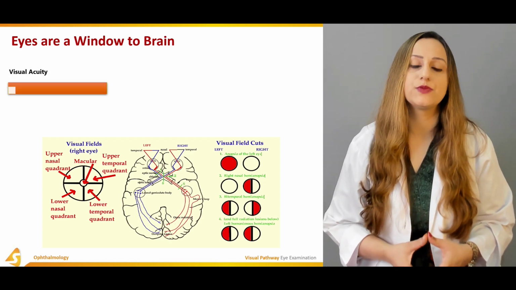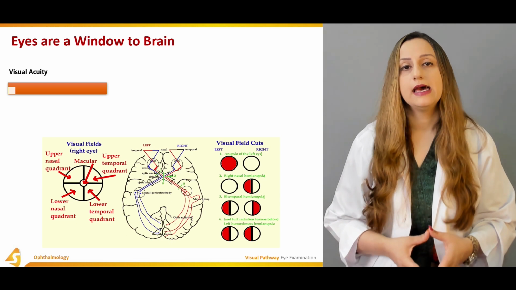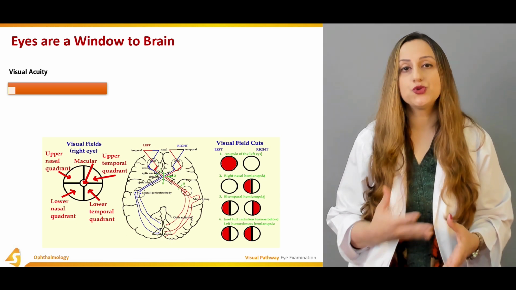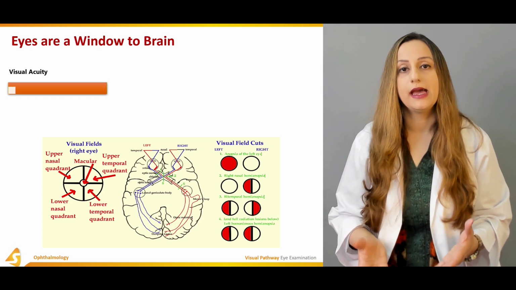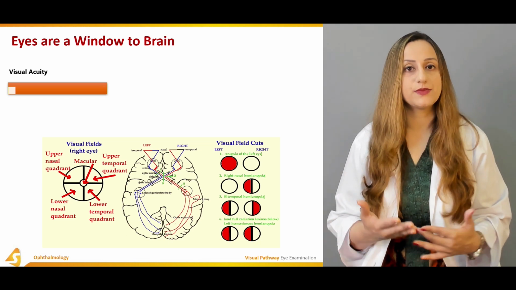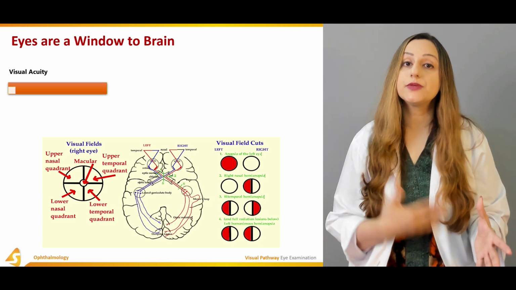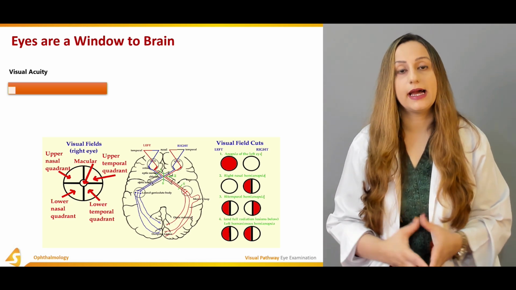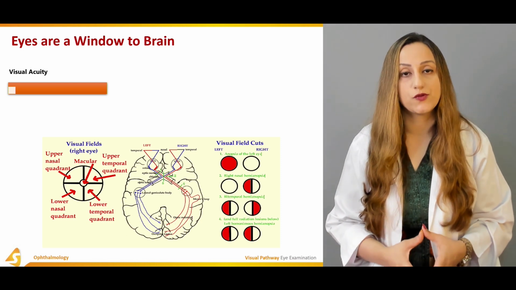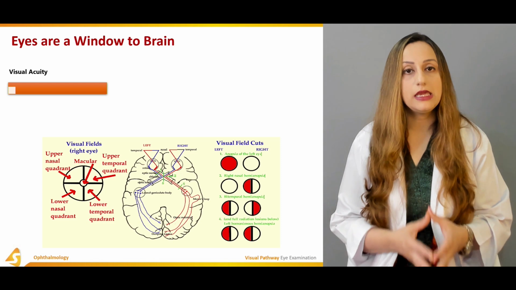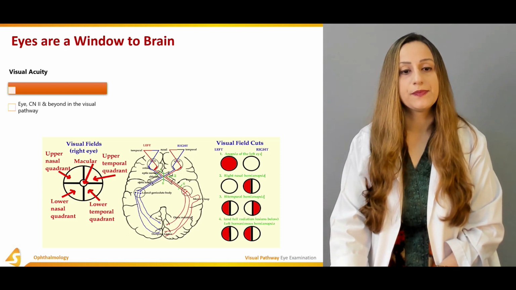Visual acuity, as we've already focused on, is usually demonstrated in a person through the Snellen's charts that are usually kept at a 6 meter distance, and then you ask the person to read that chart, and you demonstrate what kind of visual acuity defect he or she may be suffering from.